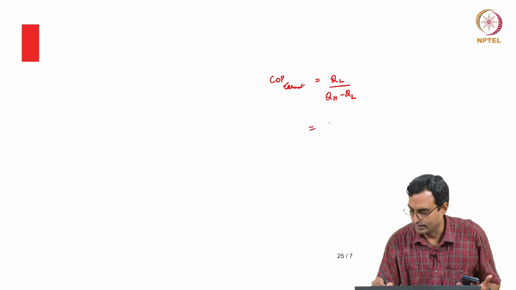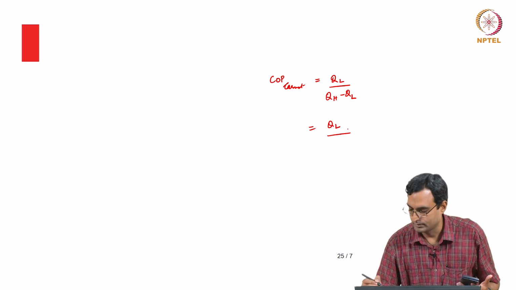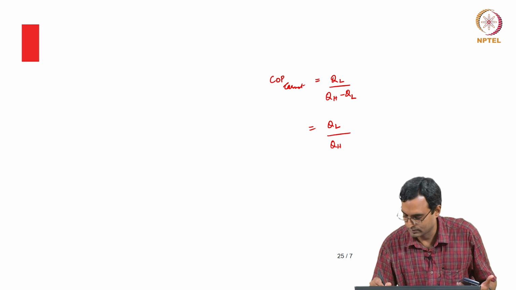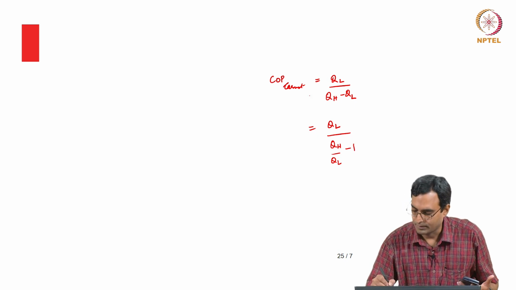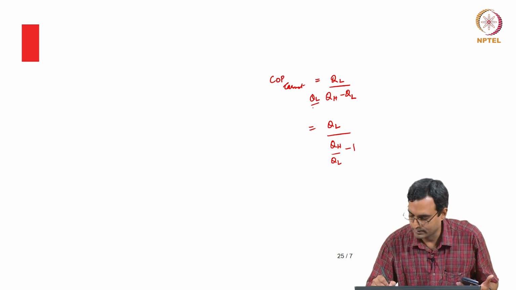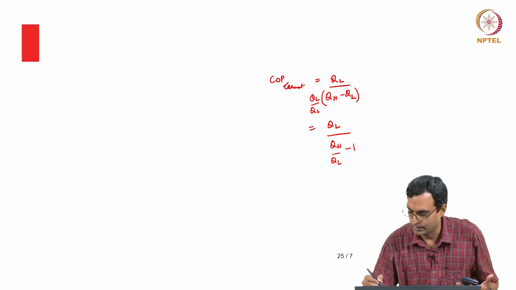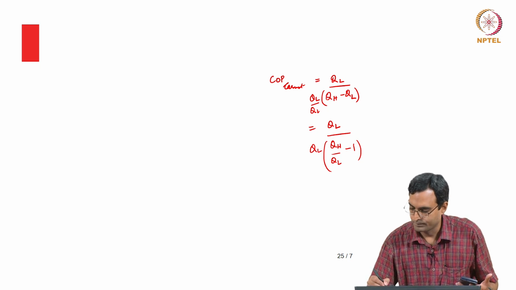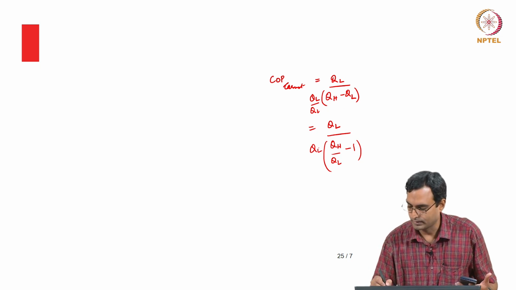We can also write this as QL divided by the work. So if I multiply this and divide by QL, I have this QL which goes, and I have QH by QL minus 1.